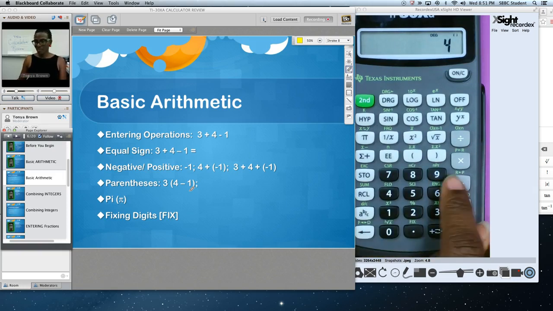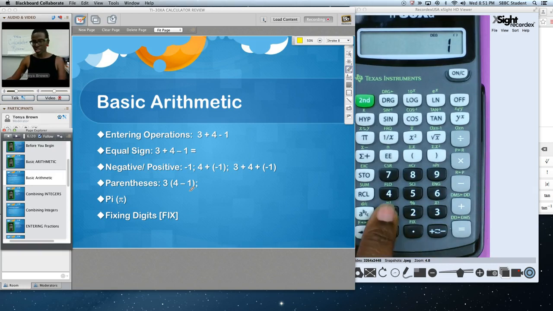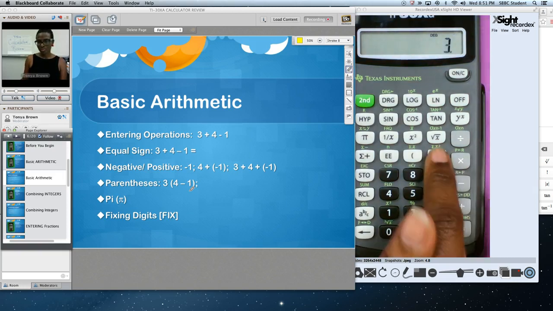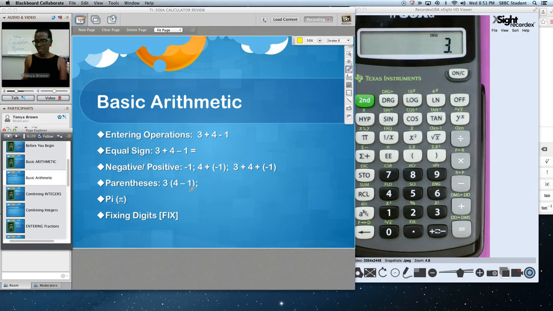And if you notice in the very top corner here, it shows us that we're dealing with parentheses. I'm going to go ahead and close that parenthesis out, and then press equal.